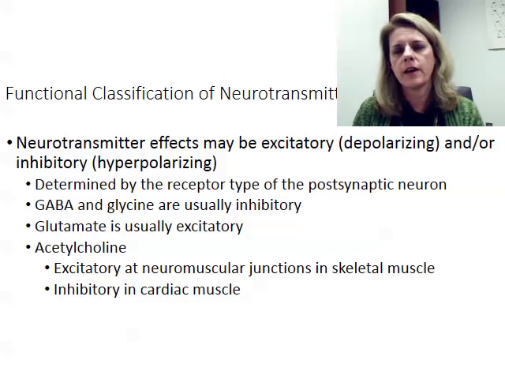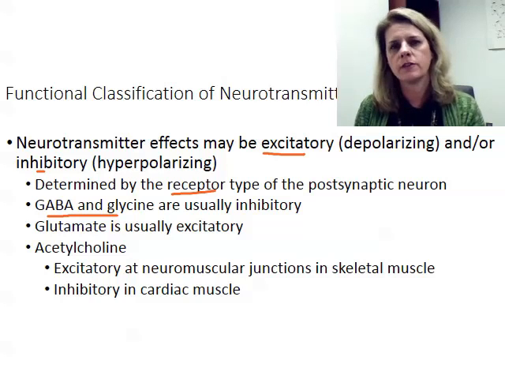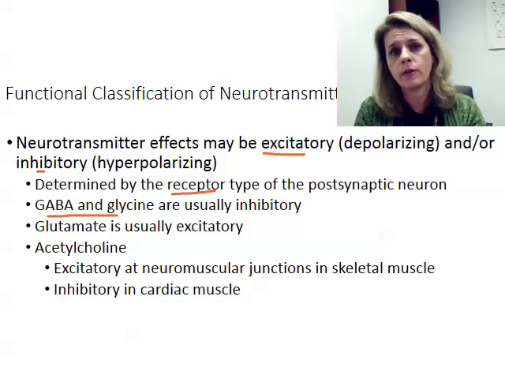We can classify neurotransmitters functionally. Again, they can be excitatory or they can be inhibitory. And this really depends on what the receptor is. So if the receptor is a sodium channel or a potassium channel or a chloride channel. All right. GABA and glycine are almost always inhibitory, so they're going to open up a channel that causes your membrane to hyperpolarize.